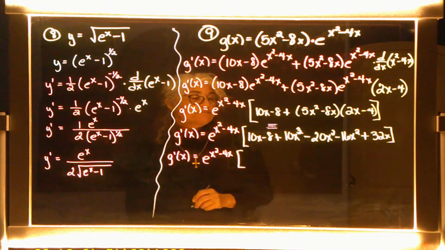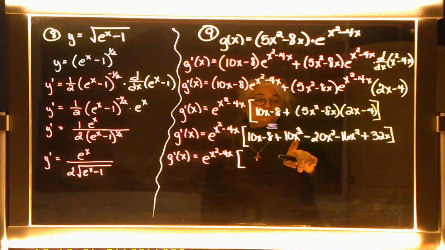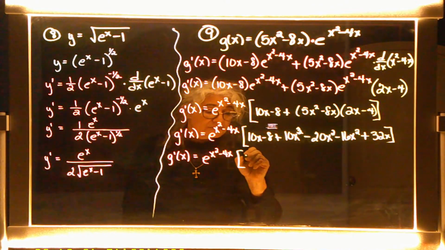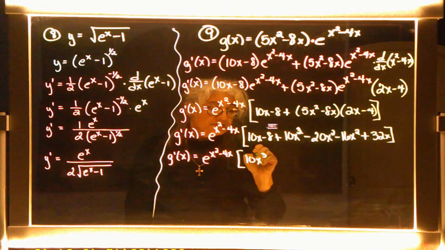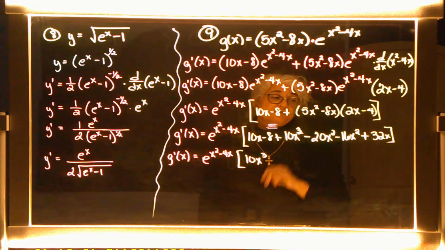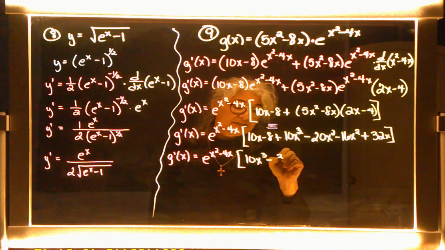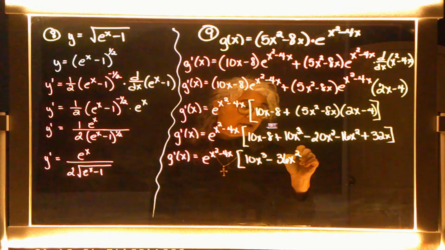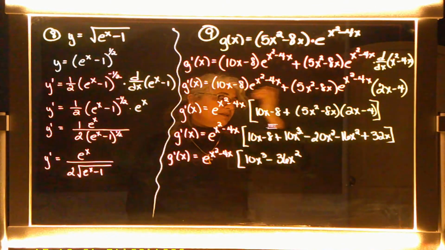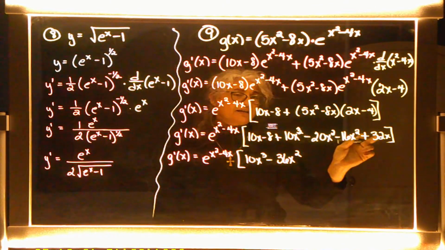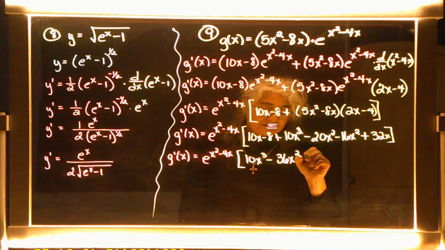I have an x cubed. Not much I can do with it, so I'm just going to write 10x cubed. I've got a couple of x squared terms, don't I? So what are you going to get? Minus 36x squared. And then I've got a 10x and a positive 32x.